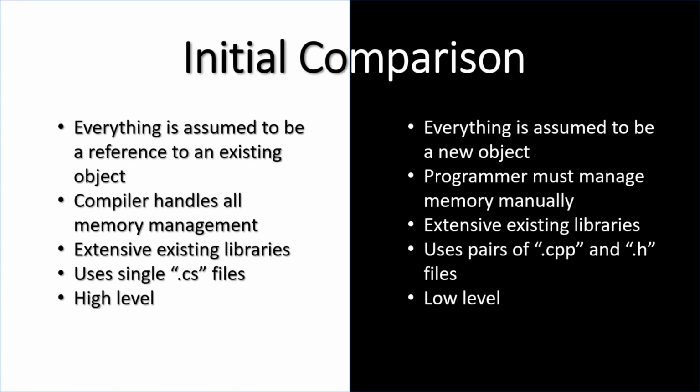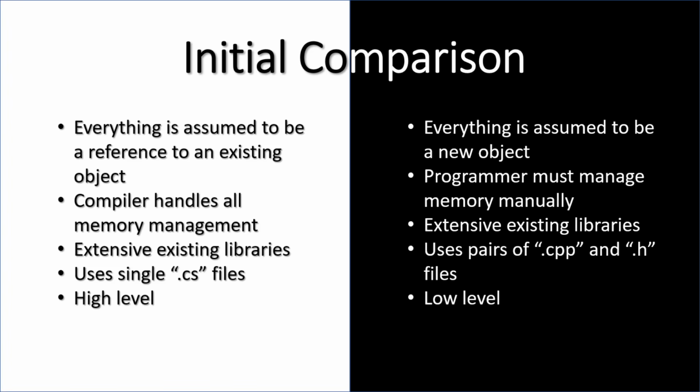In C#, everything is assumed to be a reference to an existing object. So for example, if you create a class, or in simpler terms, you create a version of a thing, you will have to either explicitly state that it's new, or pass it a reference to another thing that exists.